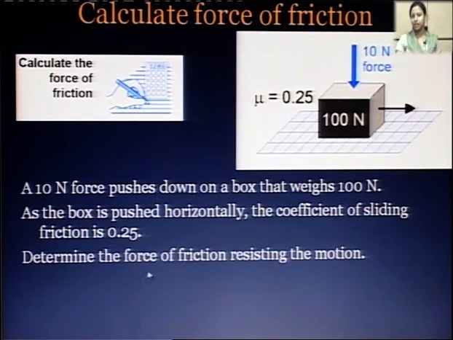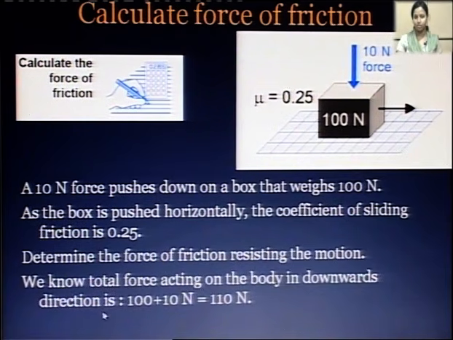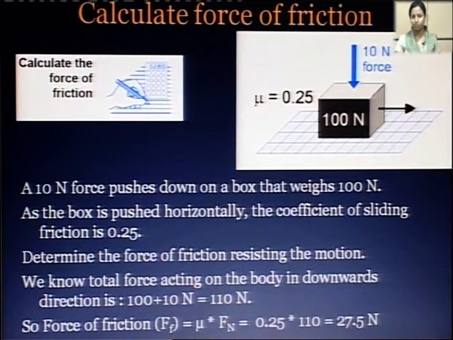So we have to determine the force of friction resisting the motion. We know the formula F is equal to mu into Fn. Mu is the coefficient of friction, Fn is the normal force. So we know the total force acting on the body is 100 plus 10, so 110 Newton. So the force of friction is equal to mu into Fn, 0.25 into 110, so it is 27.5 Newton.